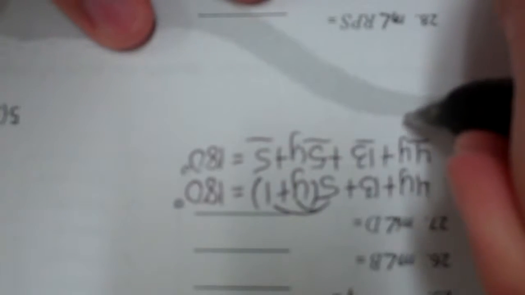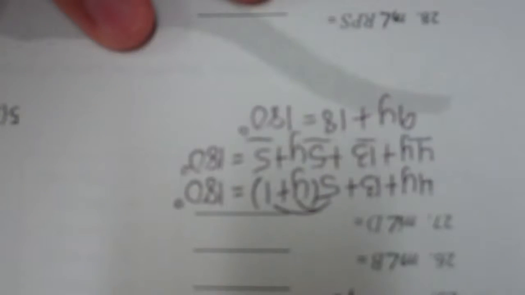And I'm going to distribute here, so that's going to be 5y plus 5 equals 180 degrees. Okay, combine like terms. So 4y and 5y gives me 9y. 13 and 5 gives me 18. And that's going to equal 180 degrees.